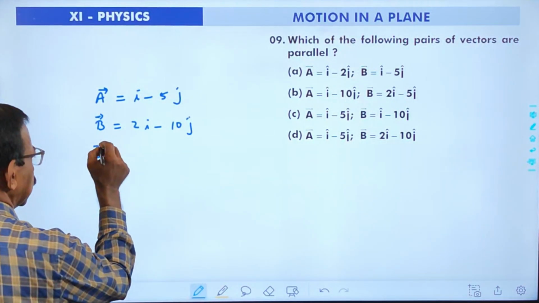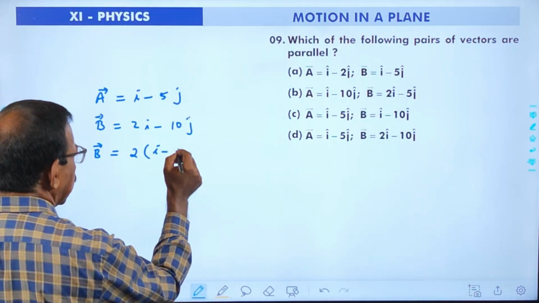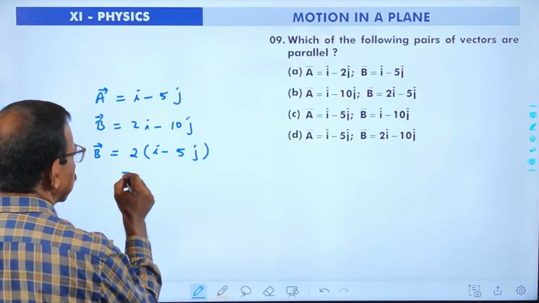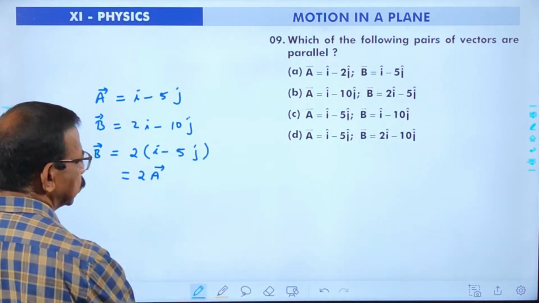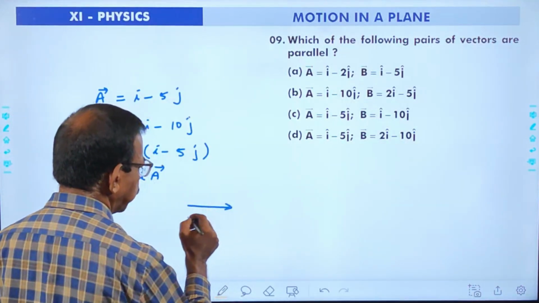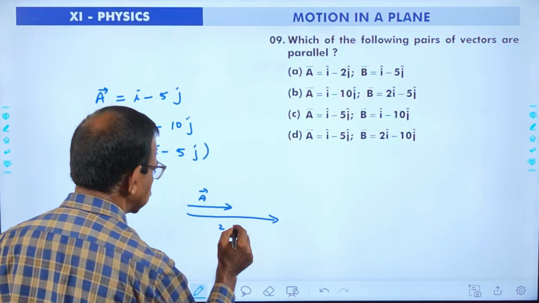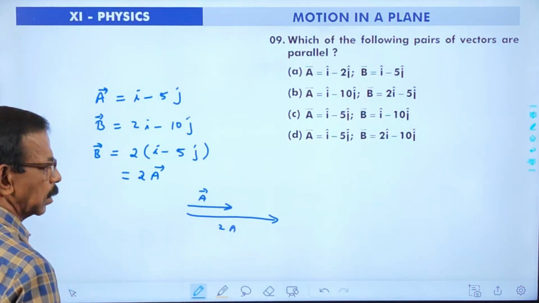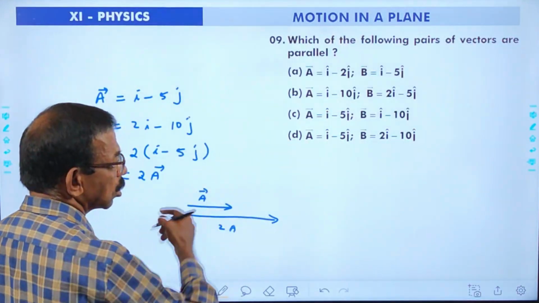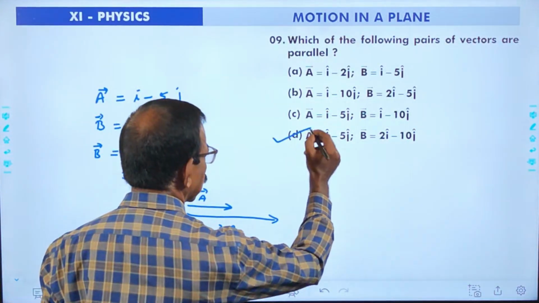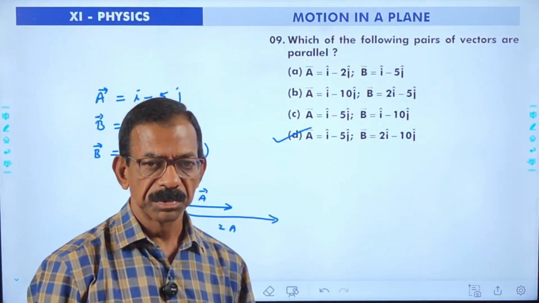I may represent B as 2 into, taking 2 as the common factor, i minus 5j. That means i minus 5j is A, so this is 2A. If vector A can be represented like this, then vector 2A can be represented like this with double the length. Then only they are parallel. This same condition cannot be applied to A, B or C. Hence, the correct answer is option D. That is, the two vectors A and B are parallel in option D.